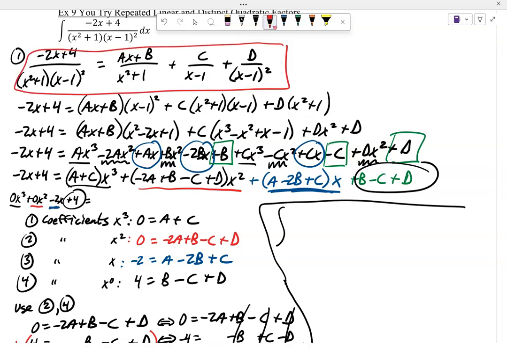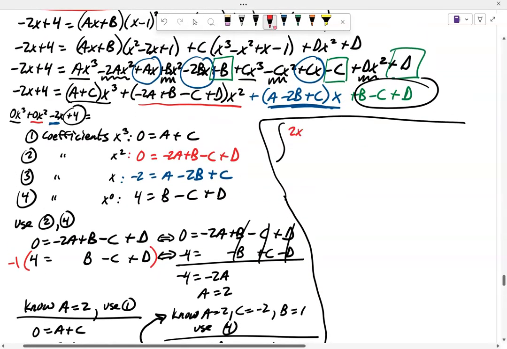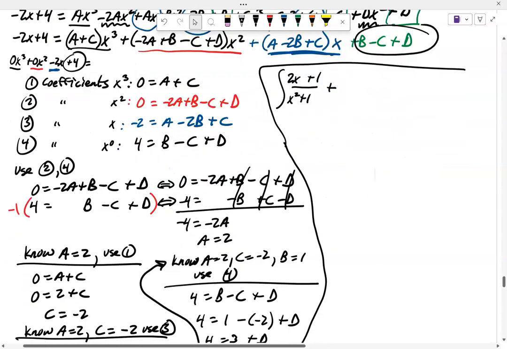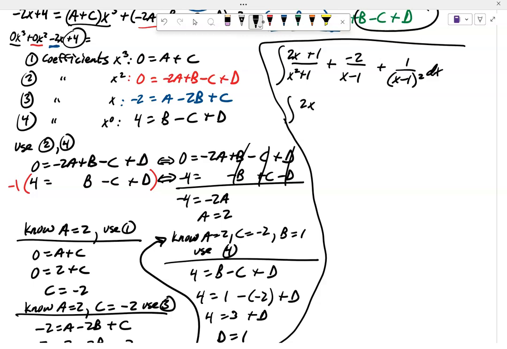So now I got ax plus b, a is 2, so I got 2x plus b, b is 1, over my x squared plus 1, plus c, so I got -2 over that x minus 1, plus d, d is 1. I'm going to break this up into 2x over x squared plus 1 plus 1 over x squared plus 1.